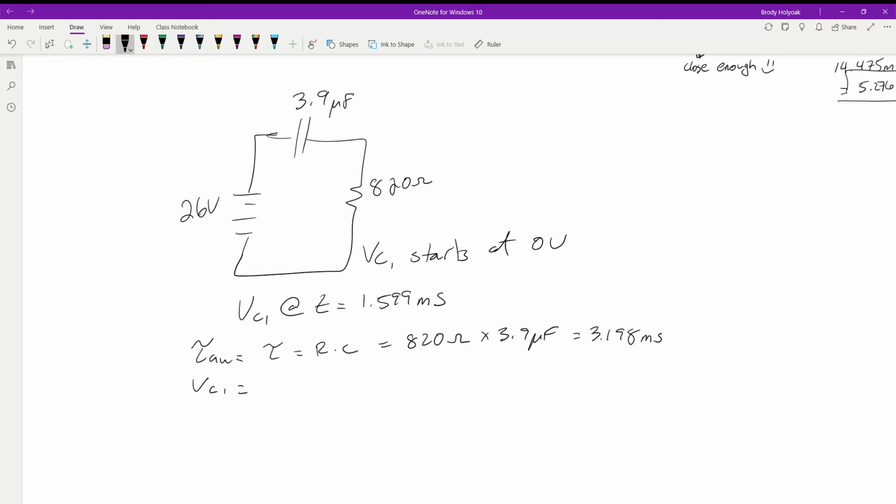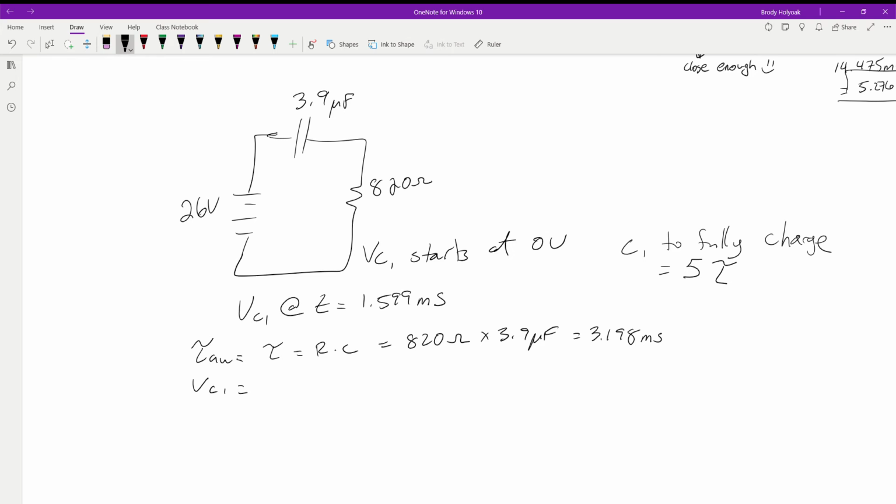And how long does it take for the capacitor to fully charge? Five tau. So always remember that. So 5 tau is how long it takes the capacitor to fully charge.